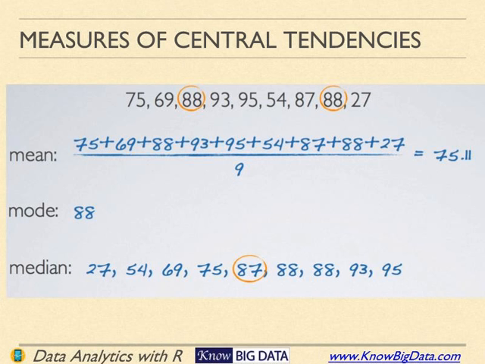Now the mode of these numbers is the most frequent number, which is 88.